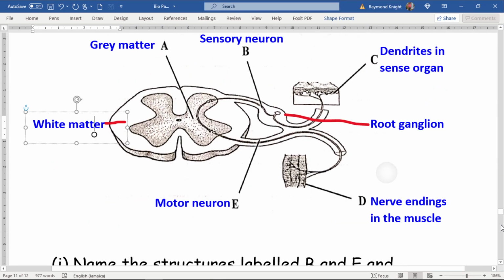The sensory neuron, the relay neuron, and the motor neuron meet in the spinal cord. And remember, impulses move from one neuron to the other. The relay neuron picks up information or impulses from the sensory neuron and transmits them towards the motor neuron. So that's to point out as well.